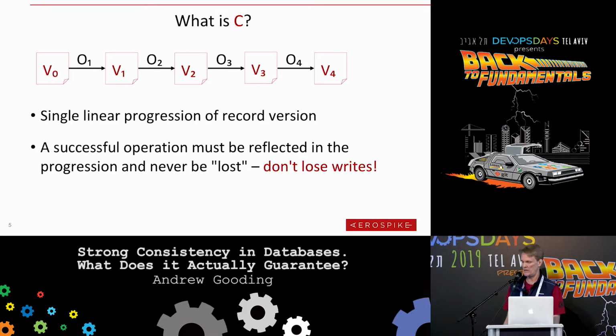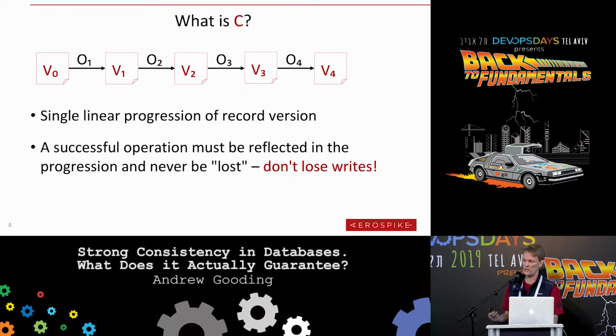So the other part of the definition is that any operation that you do that is acknowledged as successful to any client has to be reflected in the progression and never be lost. So that's a long way of saying don't lose writes. If I did this thing and it succeeded, evidence of it better not magically disappear later on or not be visible from another view.